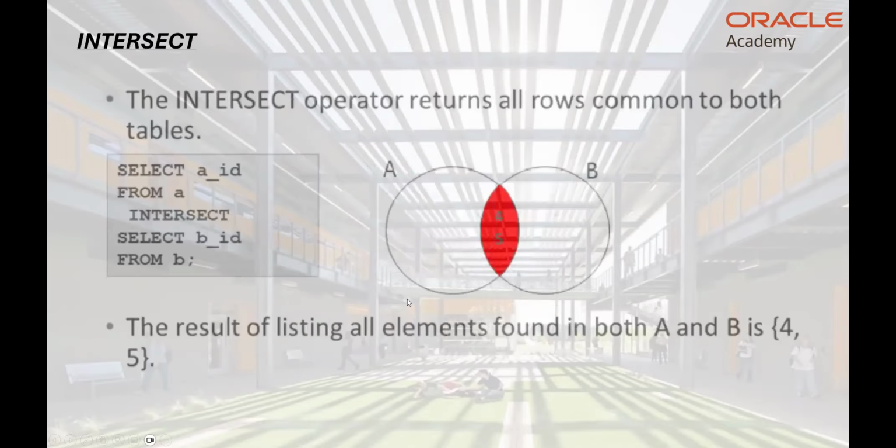Then intersect is like an inner join. It only returns the common values from each table. If you run an intersect, in our example you only get the result 4, 5. And those are your set operators: union, union all, and intersect.